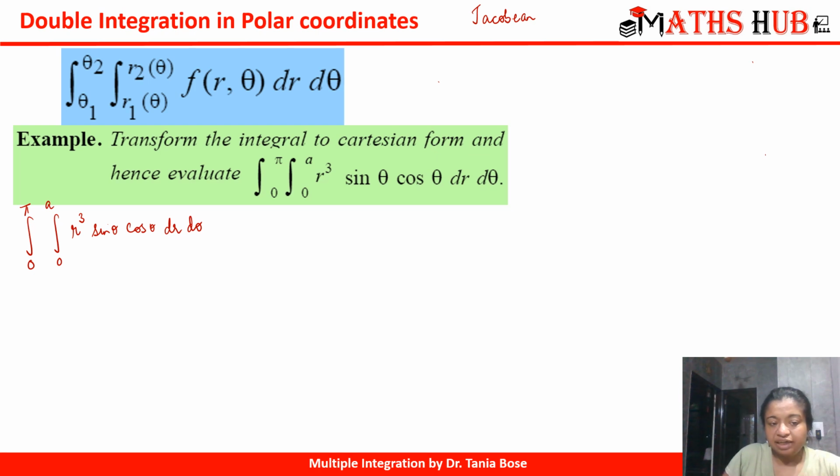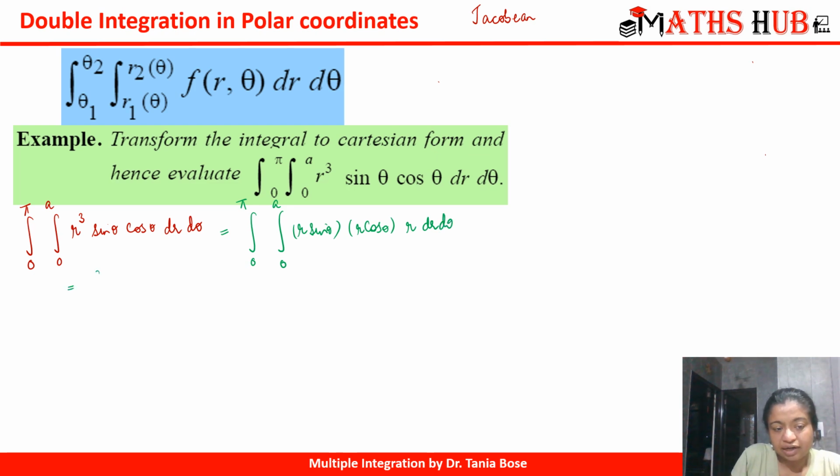Let us try to write it in a proper way. We will write it as 0 to pi, I'll split r cube as r sine theta, then I'll split one r with cos theta and let me split one r with dr d theta, right?